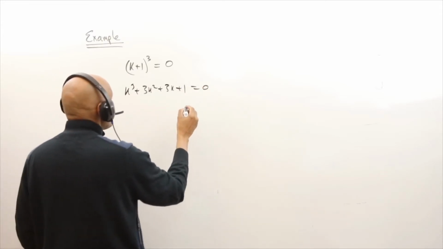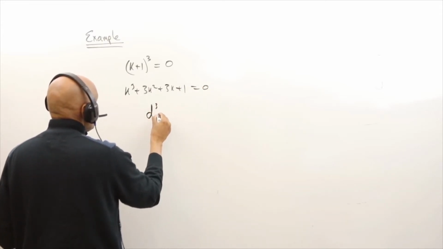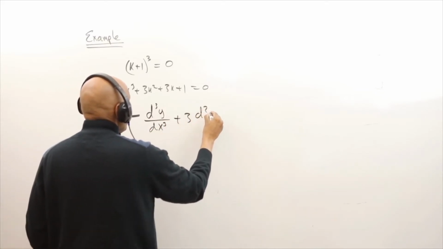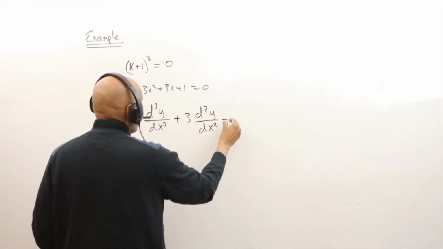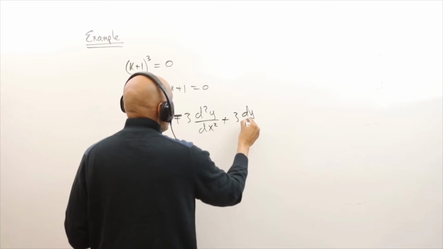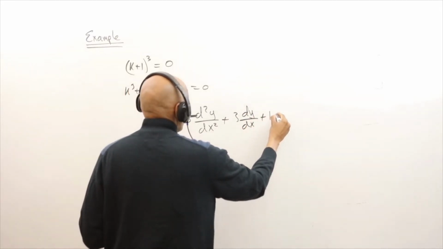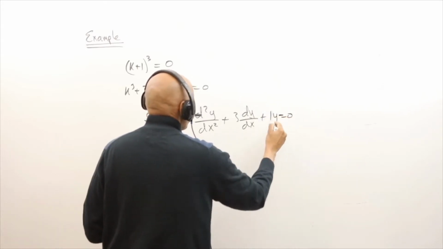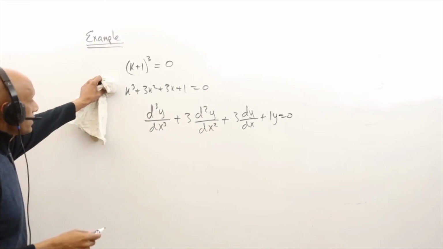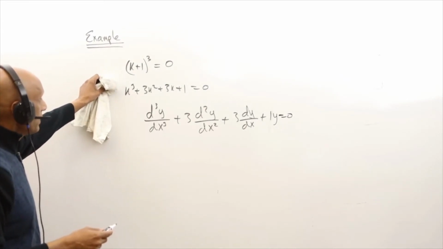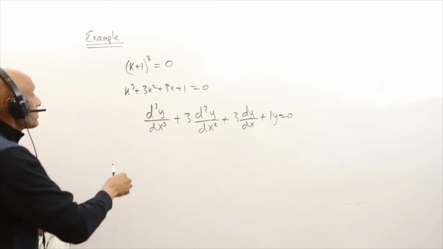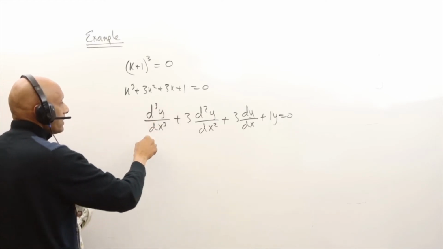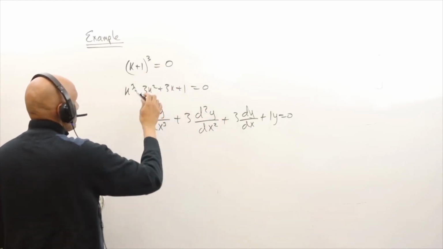So the original differential equation is d cubed y over dx cubed plus 3 d squared y over dx squared plus 3 dy/dx plus 1y equals 0. I'd like to spend more time on the characteristic polynomial than on writing the differential equation, so I'm going to start working with just the characteristic equation.